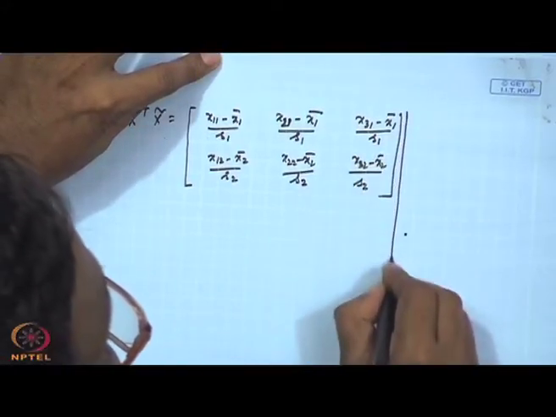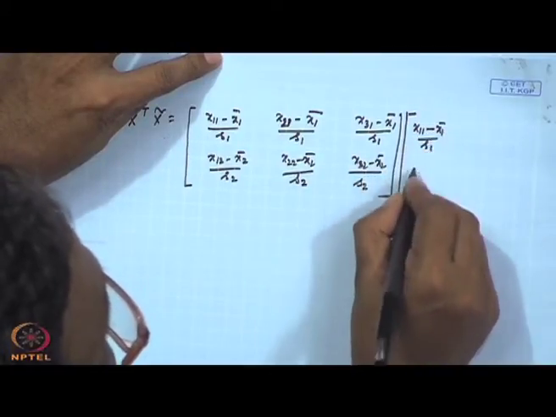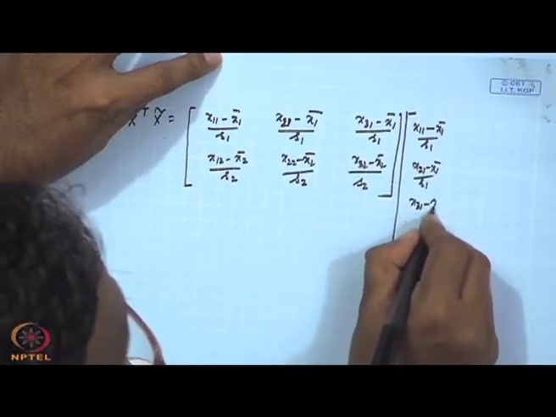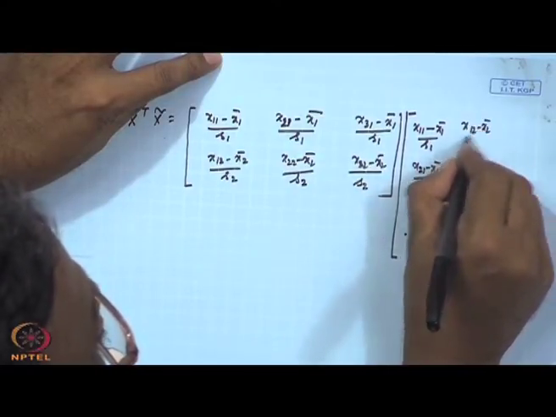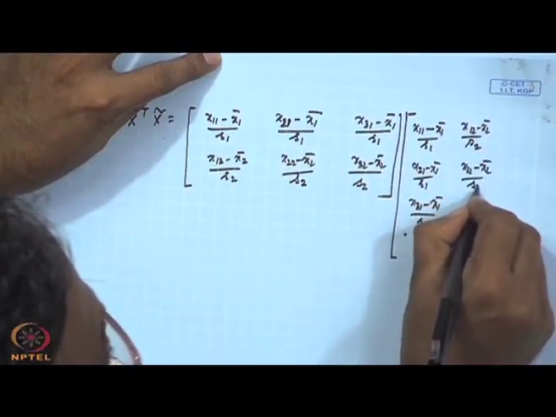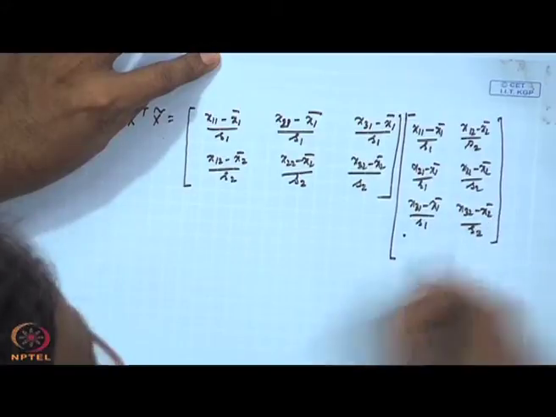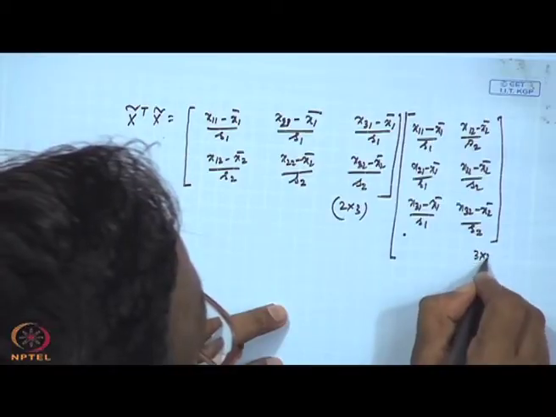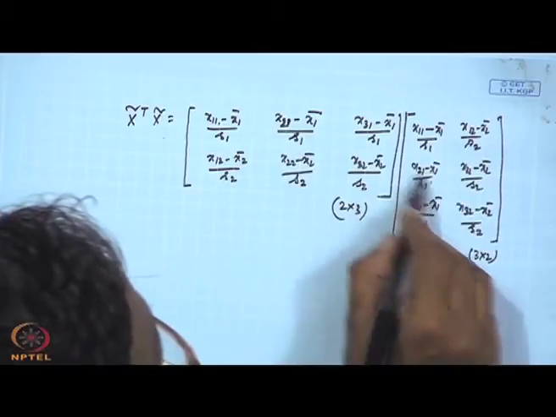This times you write the same thing again. This one is 1, 2, 3, so 2 cross 3, and this is 3 cross 2. You see, this into this plus this into this plus this into this.